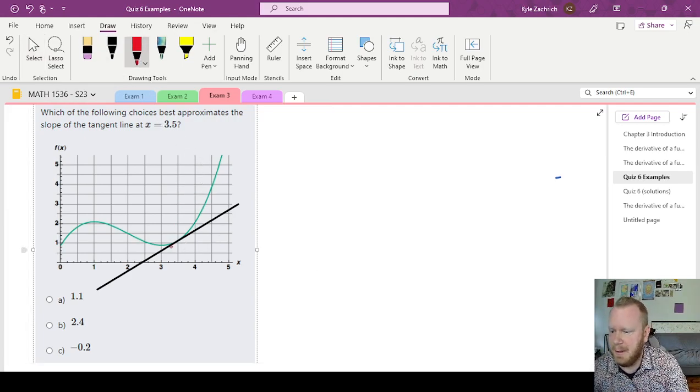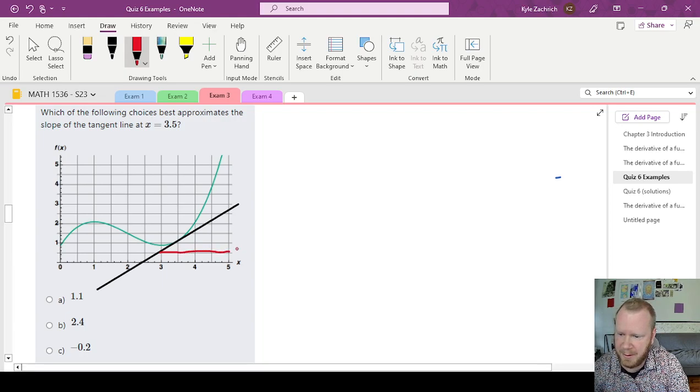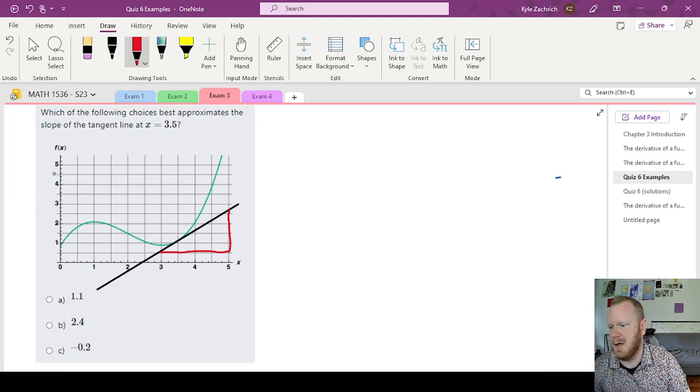Now that I've got this set up here, I can kind of look to see where my rise and run are falling on there. If they happen to fall on any grid lines, that's nice, but they don't have to. Pay attention to the scale here, right? It's not always going to be marked as exactly 1, 2, and 3. Might be marked by halves like it is here, or by whole numbers, but I would say this is pretty clearly 2, and this is going to be 1, 2, maybe looks like 2 1/4, right?